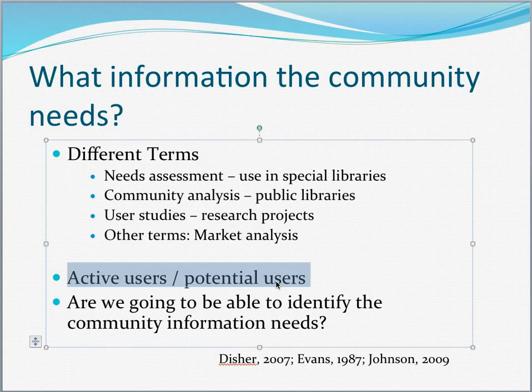They are not actively using the library. However, we have to find a way to know what their information needs are, because we want them to come to the library. And it is very difficult to identify or to know our potential users. It's easier with our active users, but it's very hard with the potential users. So we have to devise a way to reach them so they can come to the library.